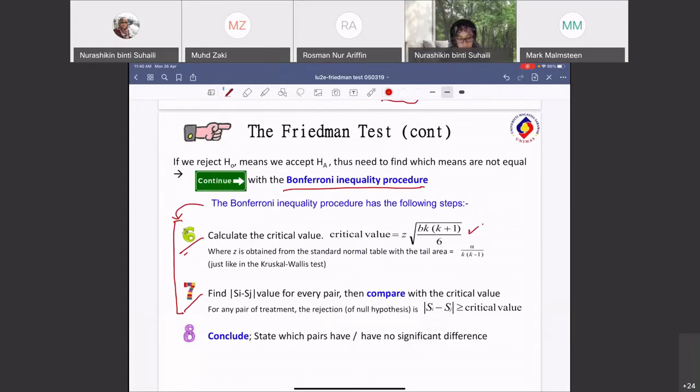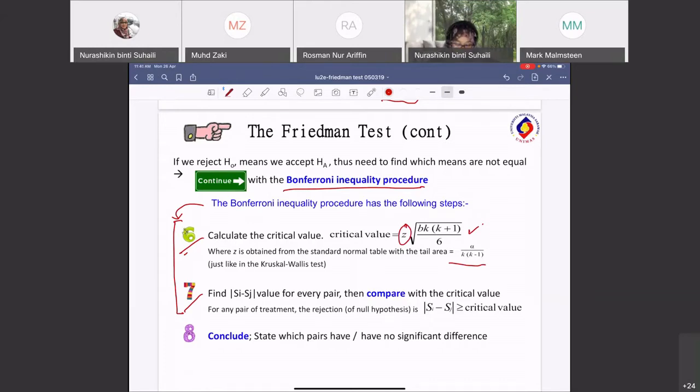What you have to solve under the Bonferroni inequality procedure: first, the sixth step is to find the critical value. This is the formula: the critical value is equal to z multiplied by the square root of bk multiplied by k plus 1 divided by 6. So how to get the z? You get it from the tail area of alpha divided by k times k minus 1.